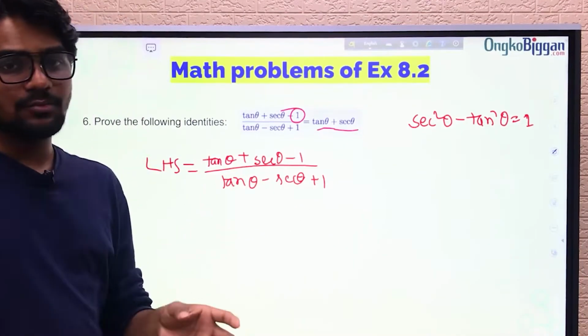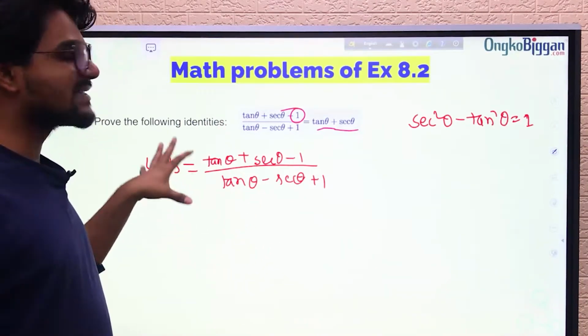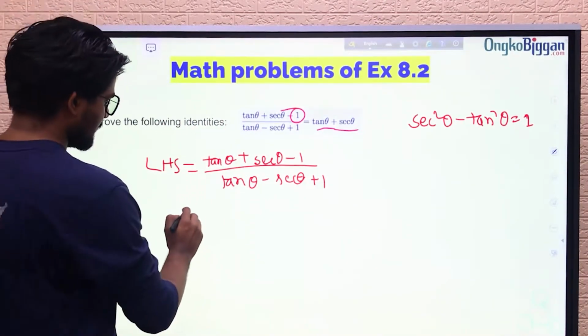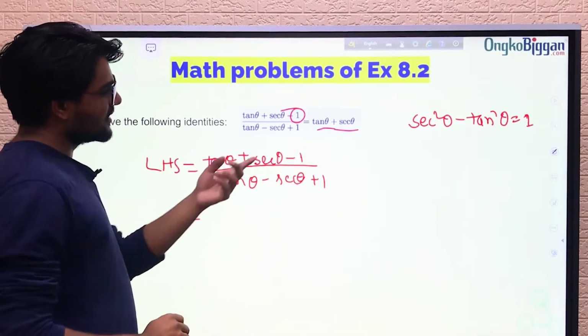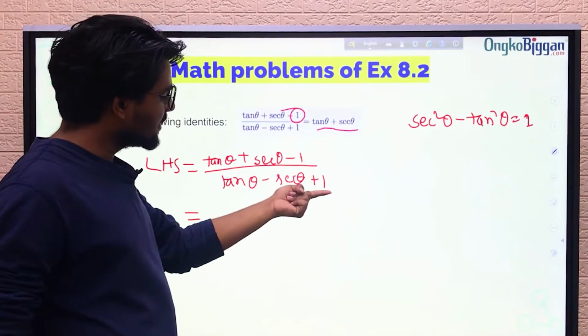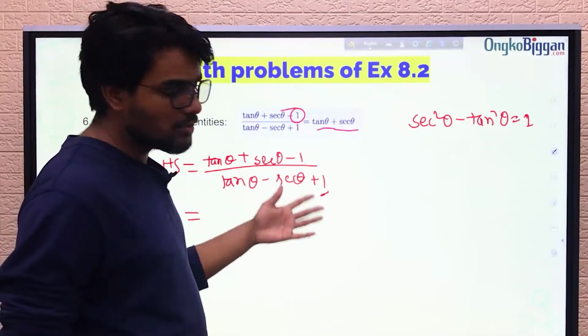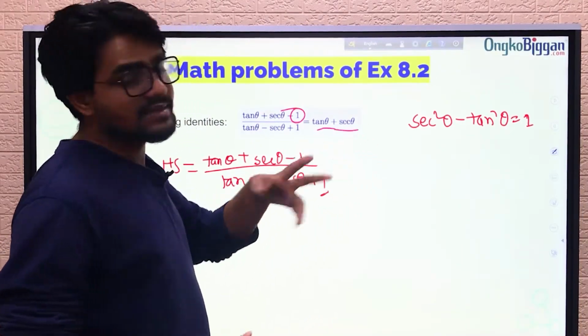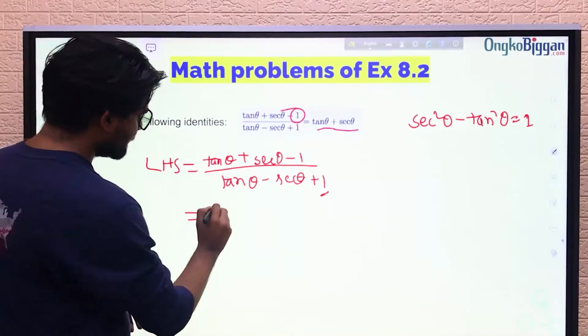I think we need to memorize the process of solving this math, because this is an exceptional math. So what we can do is convert the 1 in the numerator into sec square theta minus tan square theta, but we will not convert the 1 in the denominator, because you will see why we don't do that.